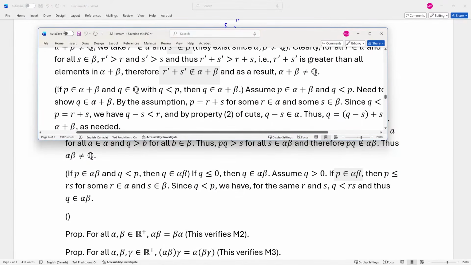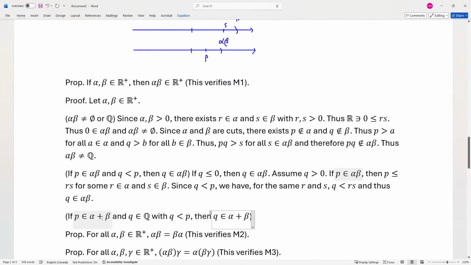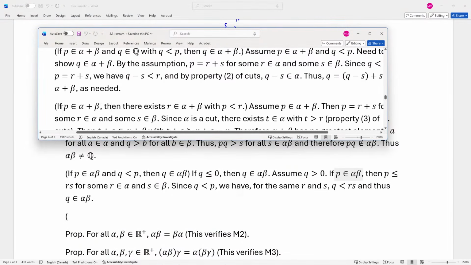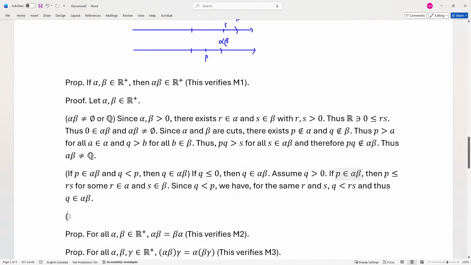If P is in the result of the arithmetic, here we use multiplication instead of addition, then there exists something else in alpha times beta such that P is less than R. This says the Dedekind cut has no greatest element. So we need to show that.